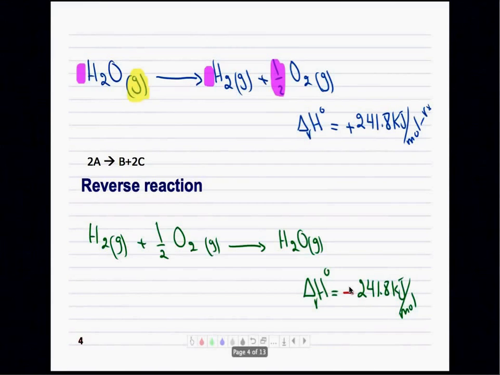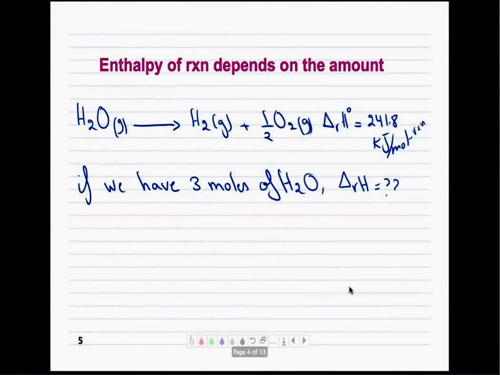Let's go to the next rule, the second rule. Now, in this reaction, as I said a minute ago, water needs 241.8 kilojoule per mole reaction for this reaction to happen. If we have 3 moles of water, how much is the delta H of the reaction? Okay, let's start with this.